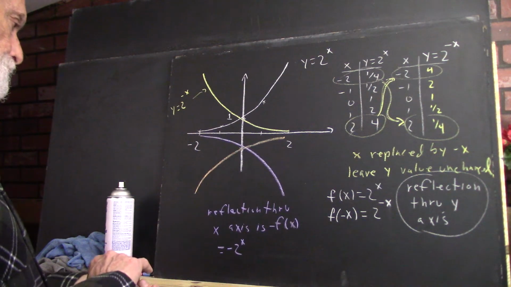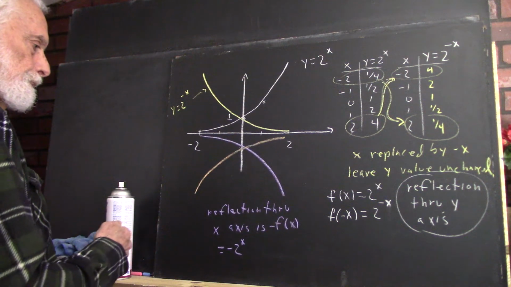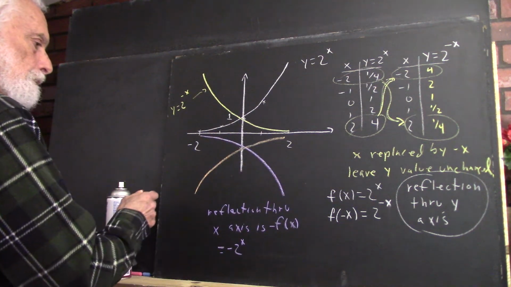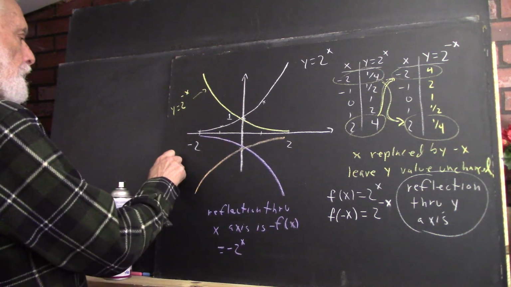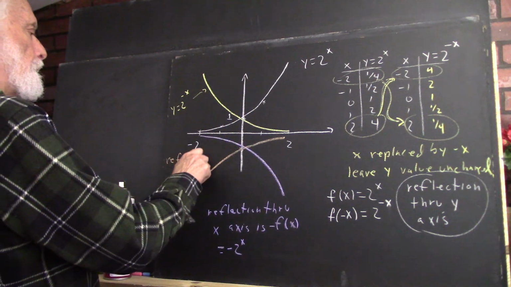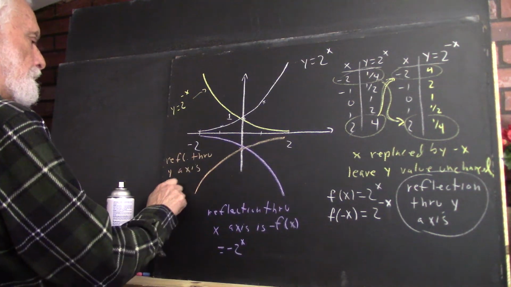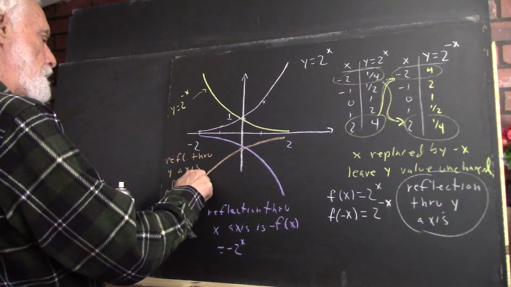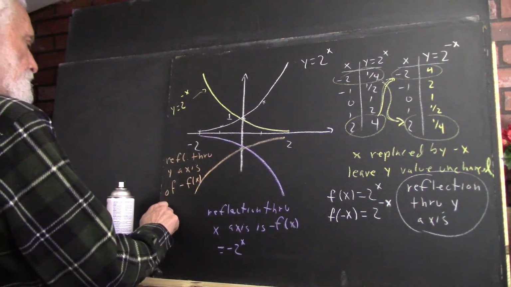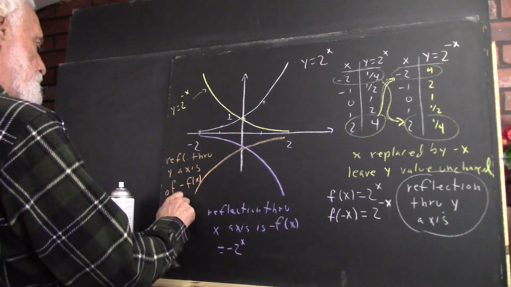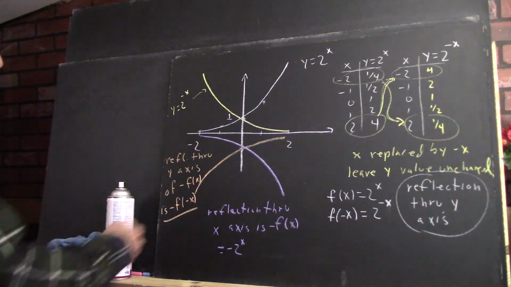So that would be, reflection through the y-axis of the negative f of x, that would be negative f of negative x.